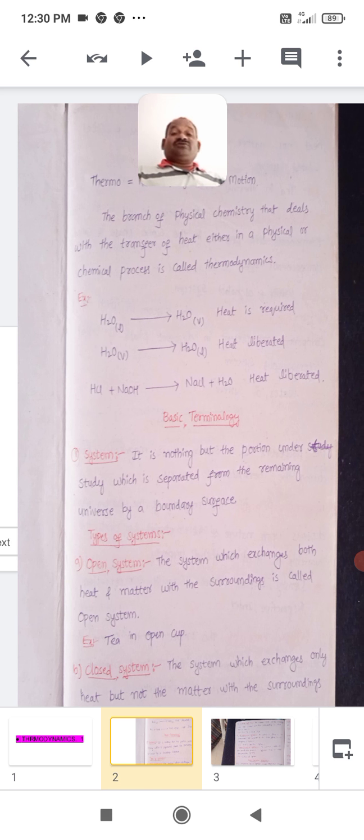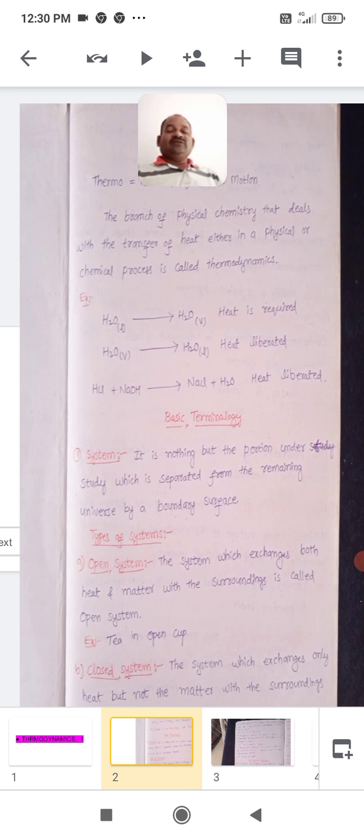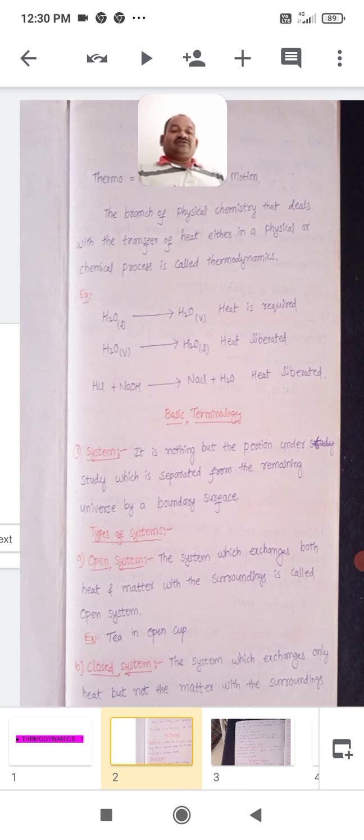For example, H2O in liquid state undergoes change to H2O in vapor state. In that process, heat is required, because the liquid is transferred to vapor. That is a physical process.